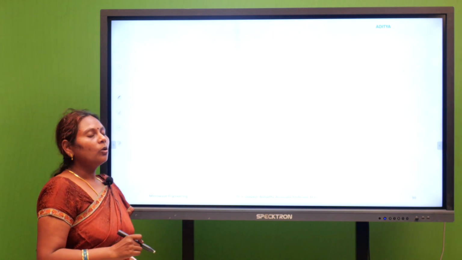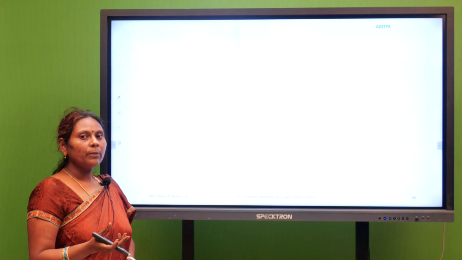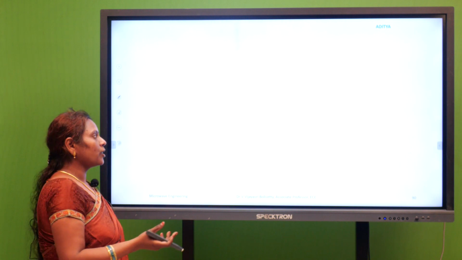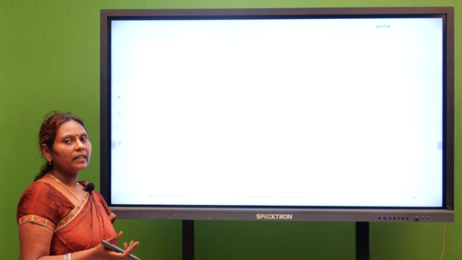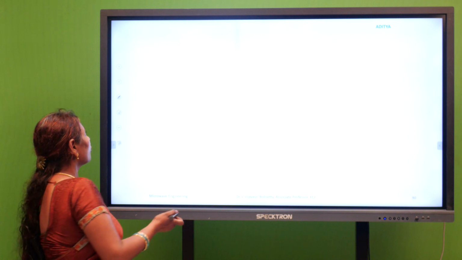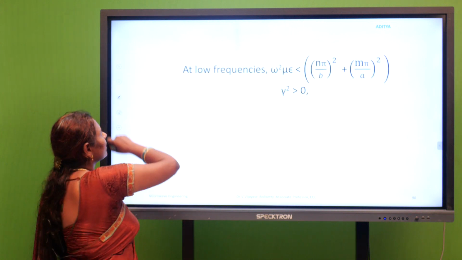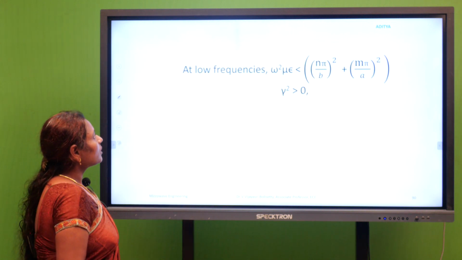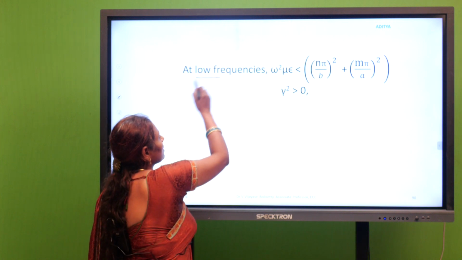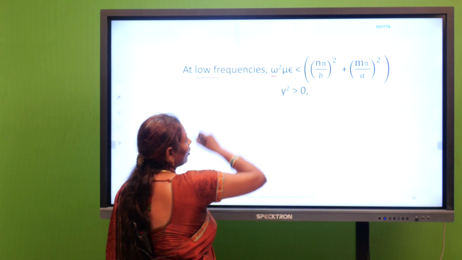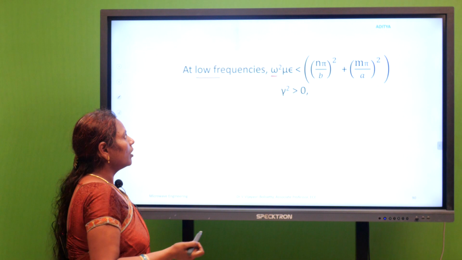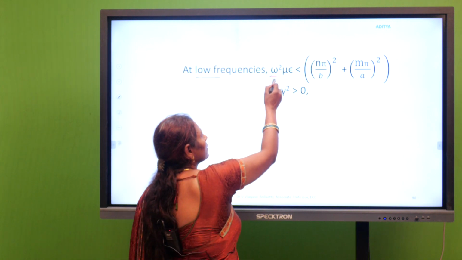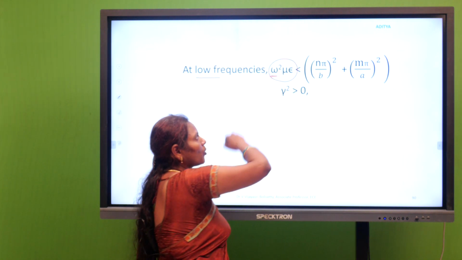Okay, so we have seen that sometimes it may result in an attenuation constant, and sometimes it may result in a phase constant. So under what conditions does this happen? As we have seen, at low frequencies, that means when omega is small, this value can also be small.